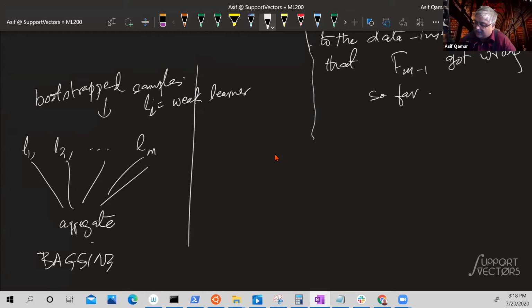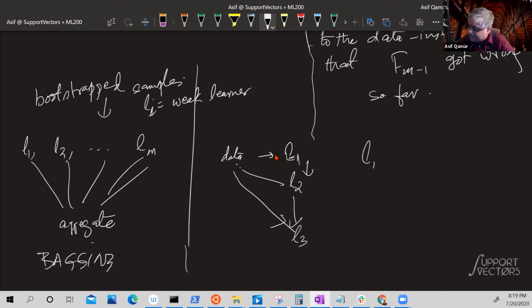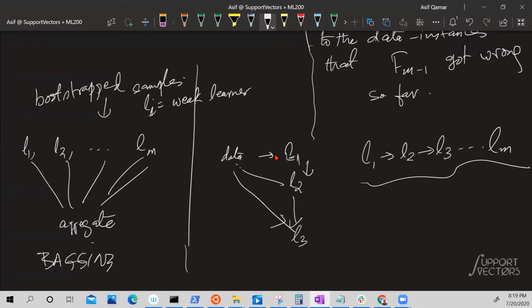Now, the process of creating data to L1, then you use L1 and the data together to produce, like here, the residuals from this, you produce L2. So there's a sequentiality to this. You can't build L2 till you have built L1, and L3, again, data helps in. And so what you have is a sequence, L1 to L2 to L3 to LM. This is boosting.